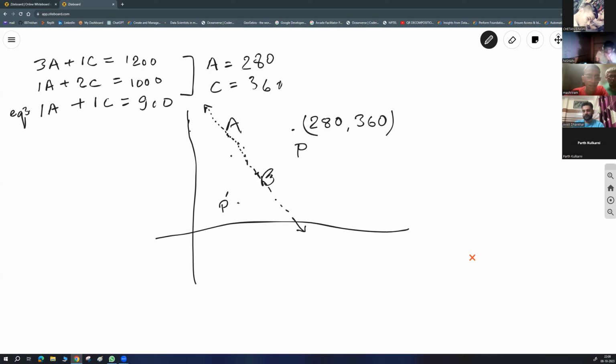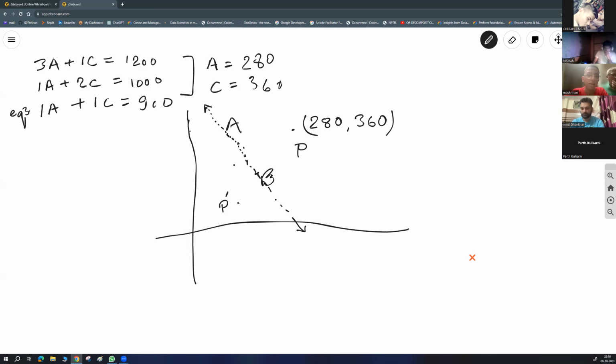What I actually meant was not between just A and B. So let's say that this P point is a solution, right? P is a solution. And then A is another solution for 1A plus 2C equal to 1000 and 1A plus 1C equal to 900. So if you solve these two equations, you get a solution which we will keep as A here in the line.